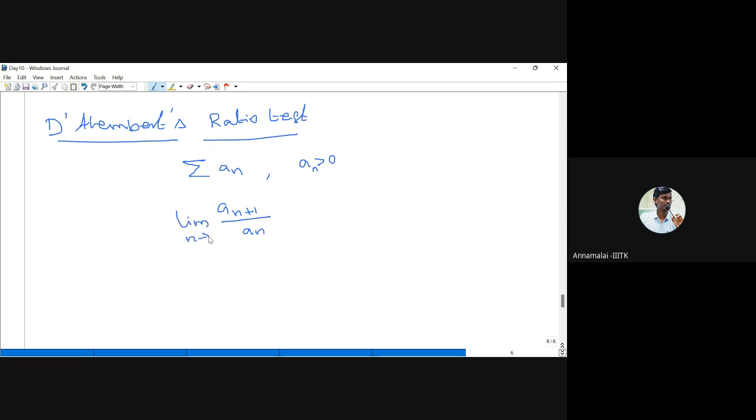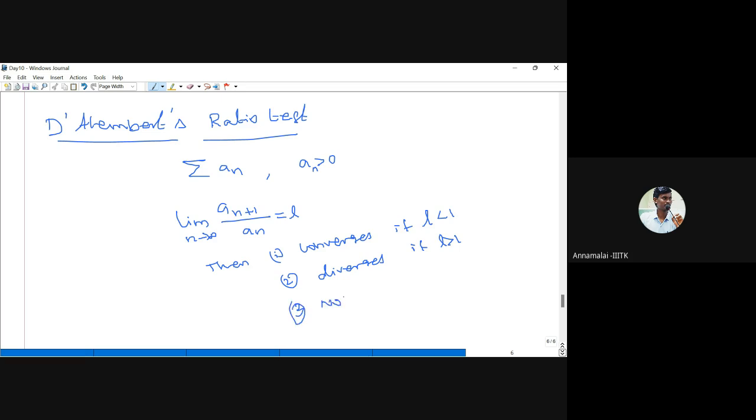Suppose you get some value L. Then the series converges if L is less than 1, diverges if L is greater than 1, and there is no conclusion if L equals 1.